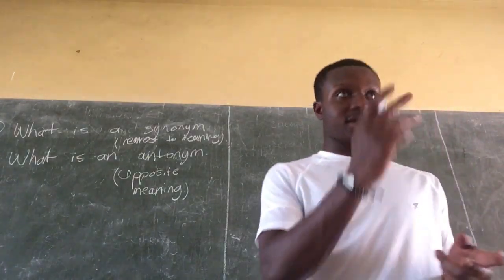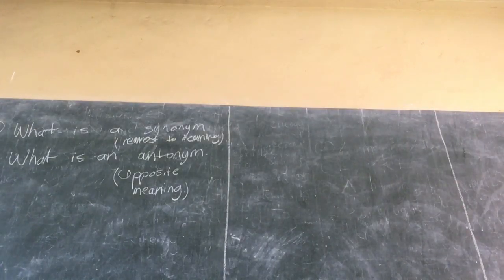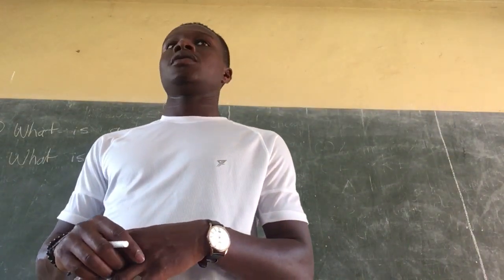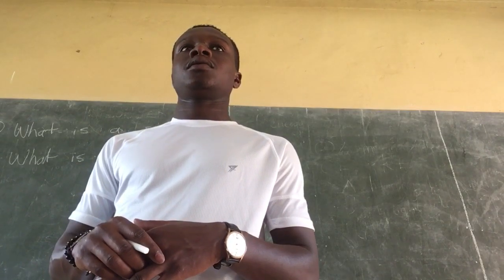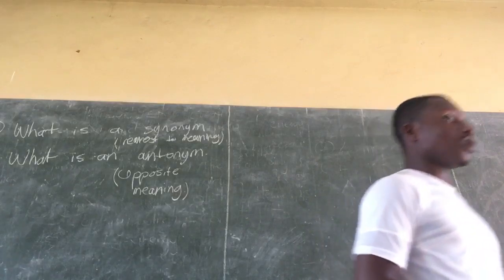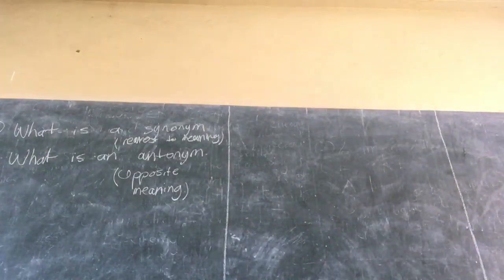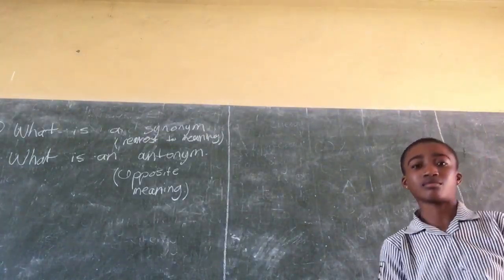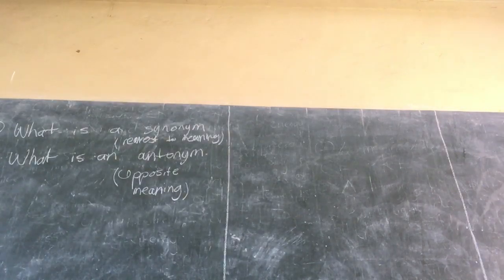All in your exercise. So you understand? You write what is a synonym, and then in brackets you write the meaning of a synonym. So the answer that she gave, then below it you write what is an antonym, and you write the meaning again. Okay?